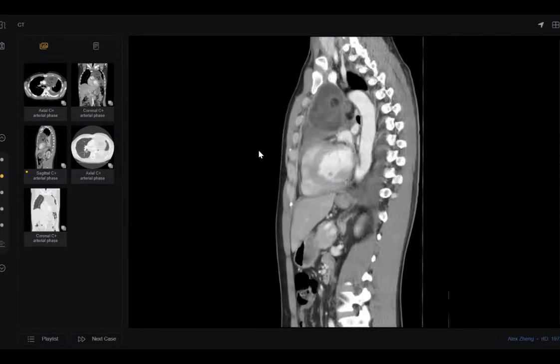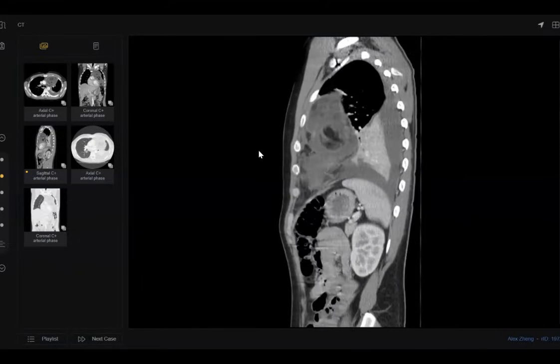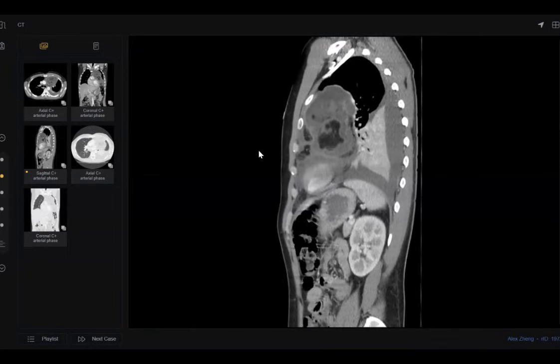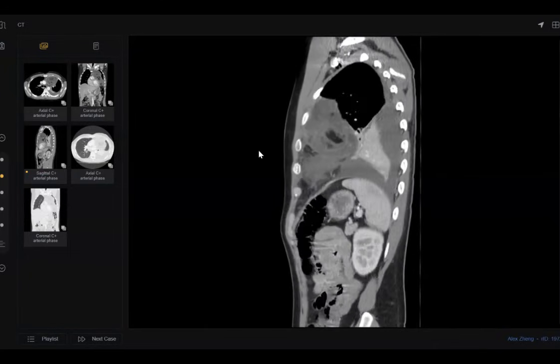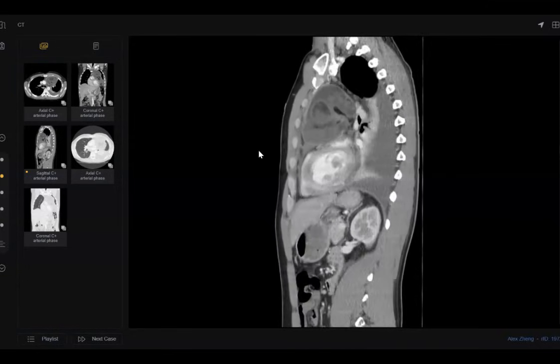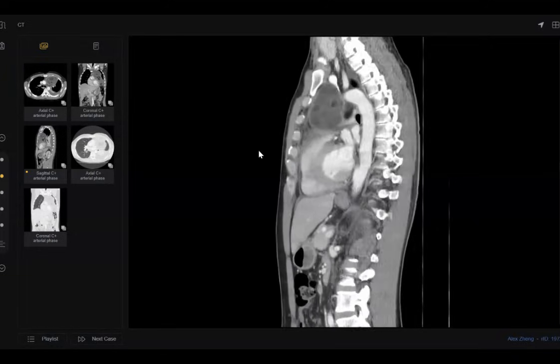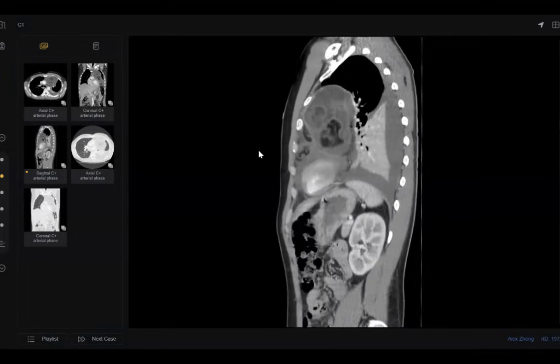Pathologically, what is the difference between a sebaceous cyst and a teratoma?